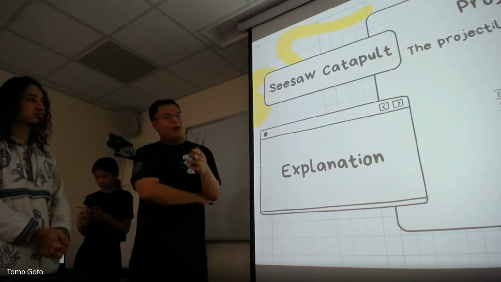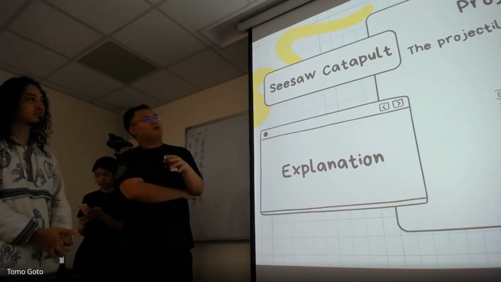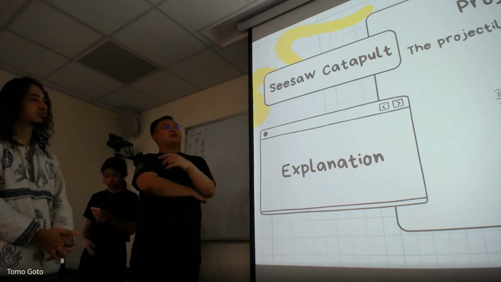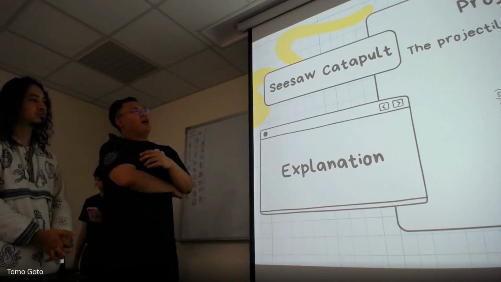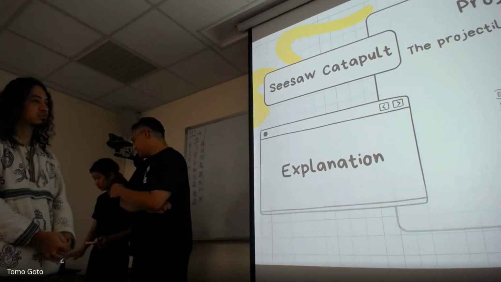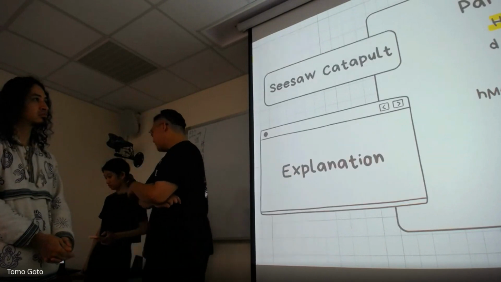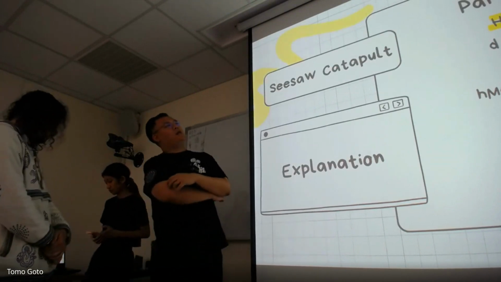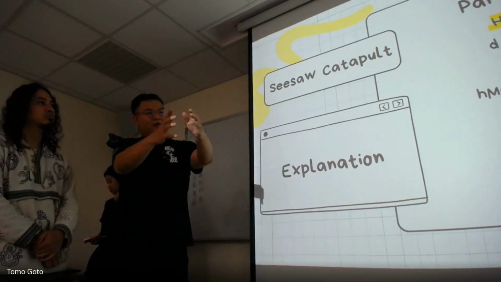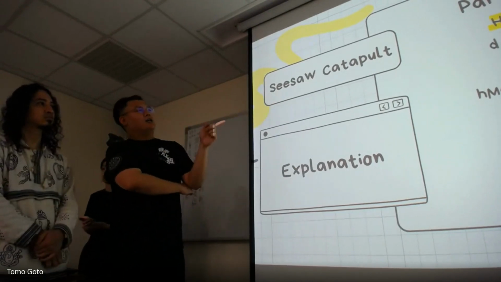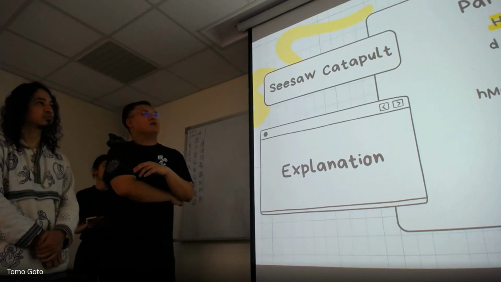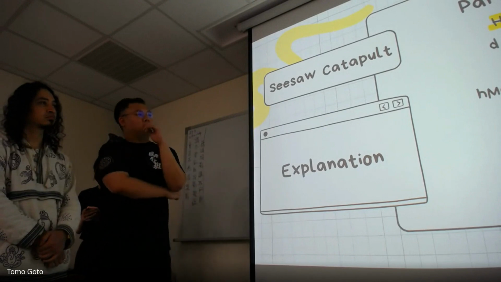When the effort arm is pushed down, there is an excess of force transfer, which causes the projectile to launch. And this launched projectile follows a parabolic motion. You can get the formula for the horizontal motion, where the max distance is the initial velocity squared times sine 2 theta, where theta is the launch angle, divided by gravity.